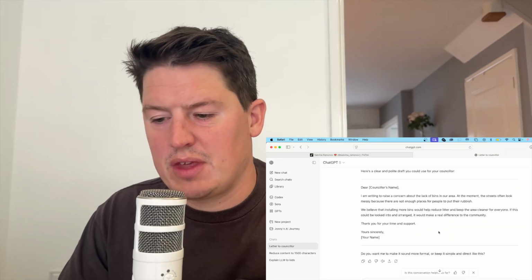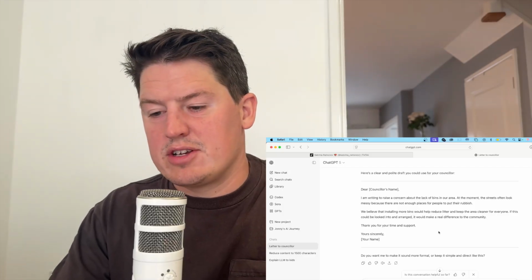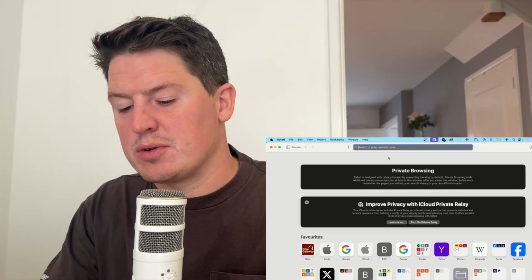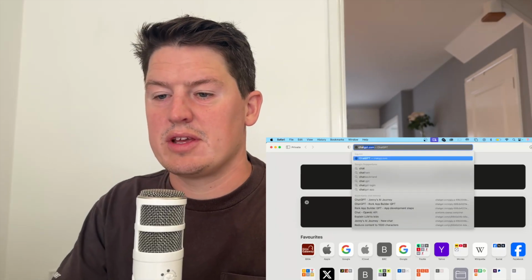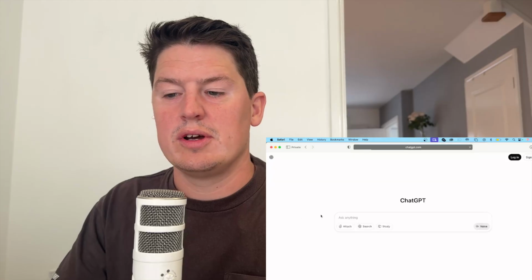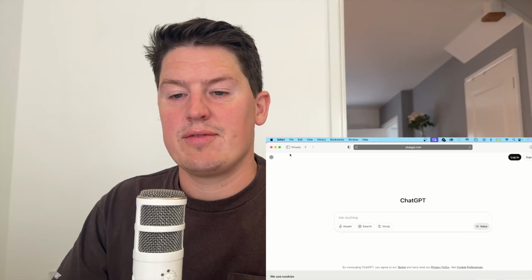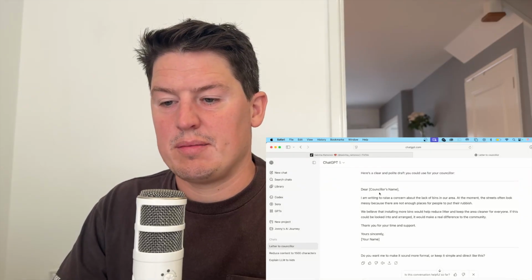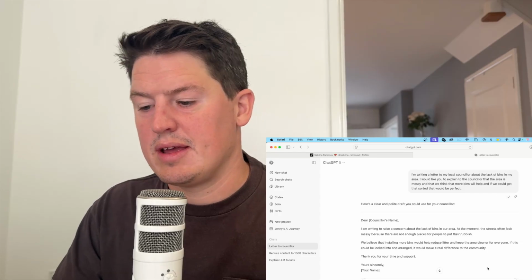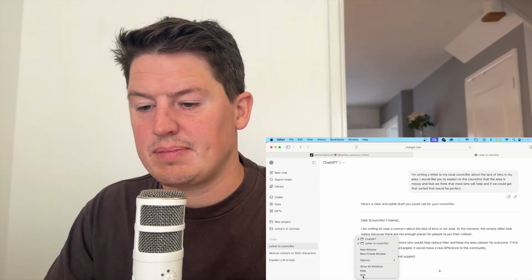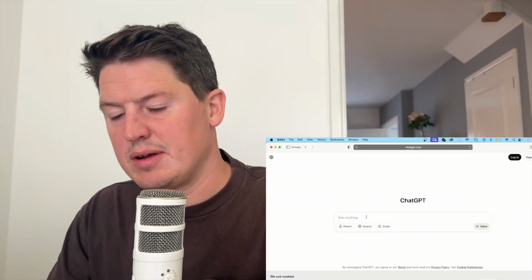I suppose what will be interesting is to then compare it to if I go onto a new private browser and type in chat. This is something that I find quite useful. It then is not logged in under my name, and if I go back to that previous one and copy that exact prompt and go back to ChatGPT on that one, paste it in.